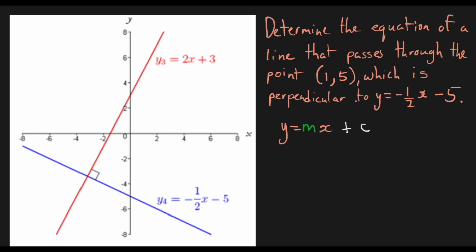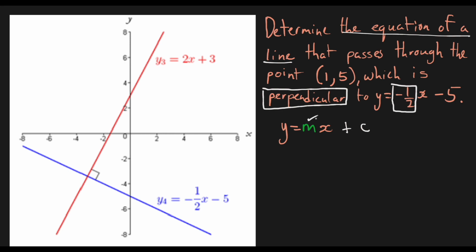Now, looking at this, I do not have the y-intercept for this line that we are looking for, so I cannot look at that right now. I do not have a gradient either. However, I can figure out the gradient, because they told me it's perpendicular to this line, which has a gradient of -½.